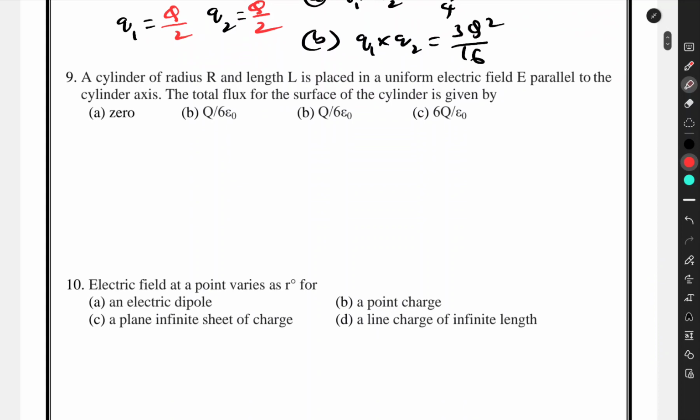A cylinder of radius r and length l is placed in a uniform electric field parallel to the cylinder axis. The total flux through the surface is given by. Let me consider the cylinder like this.